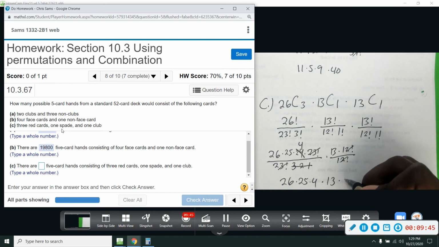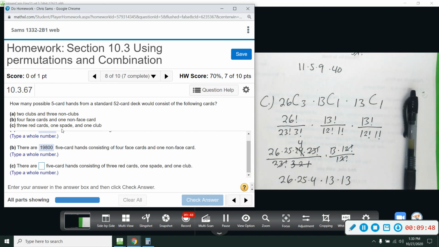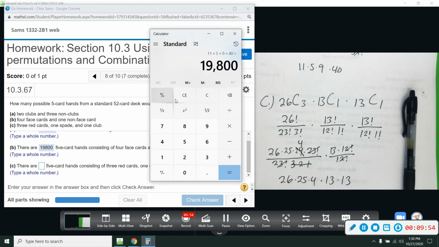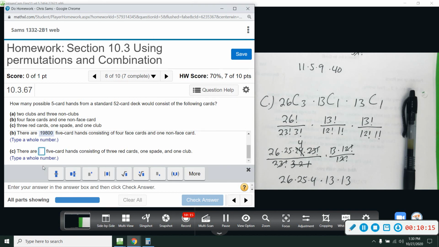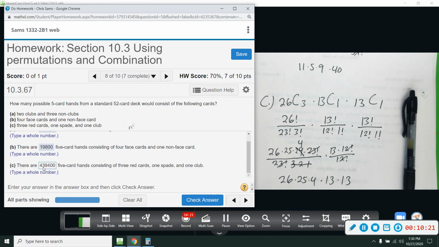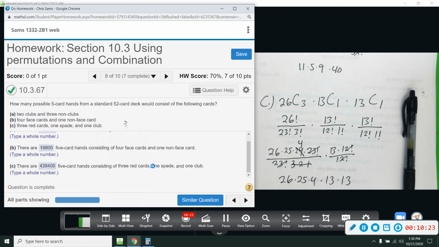And the same thing here. So 26 times 25 times 4 times 13 and another 13, which is 439,400. That should work out.